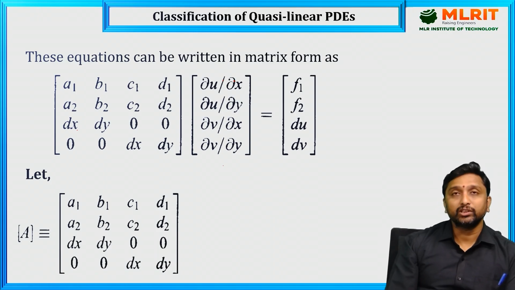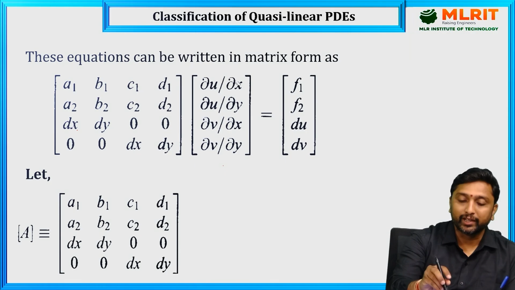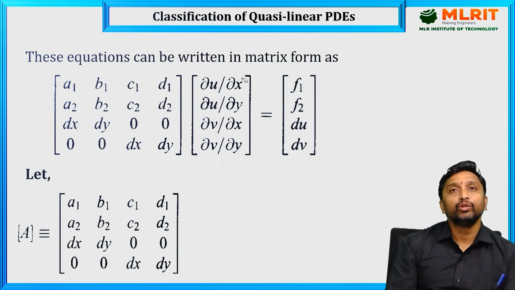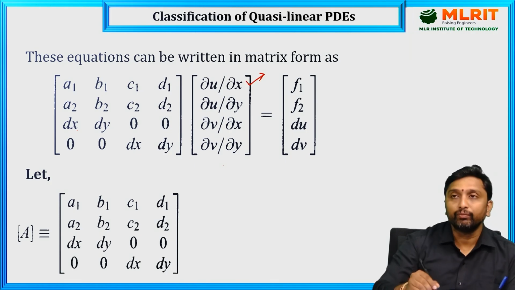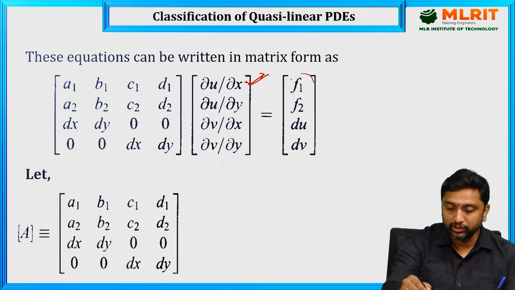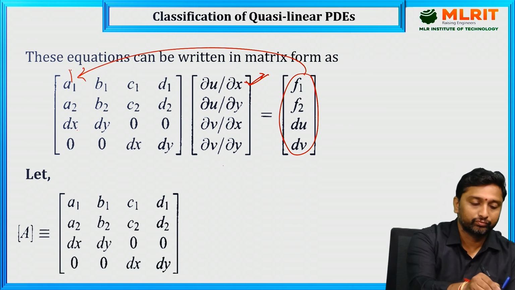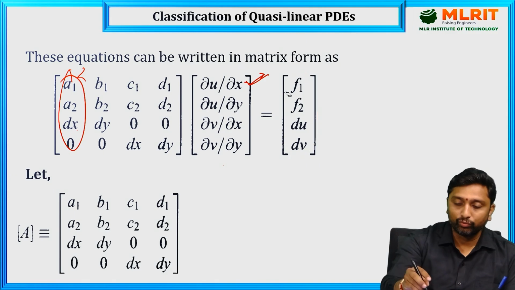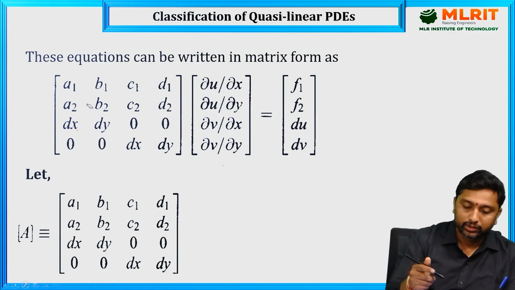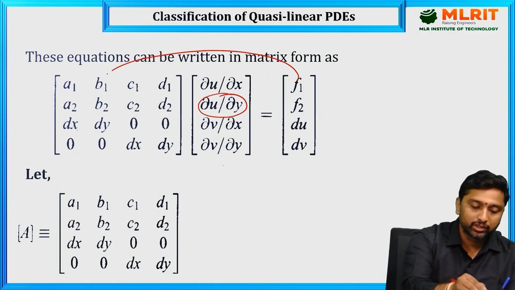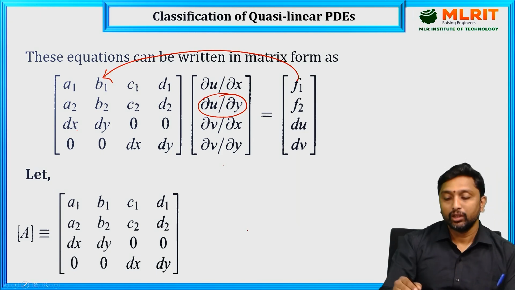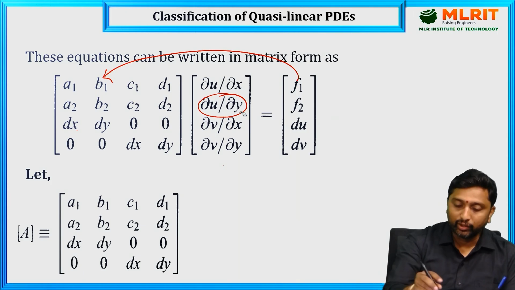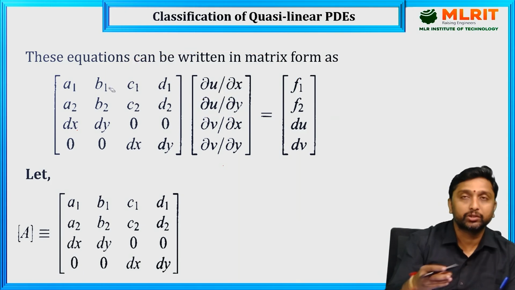Now when we consider matrix solution using Cramer's method, we know that if I want to find the solution for the first element, then I should replace the first column with the right side column. Similarly, if I want to find the solution for the second element, then I need to replace the second column with the right side column. So I want to find out the solution for, let's say, ∂u/∂x.